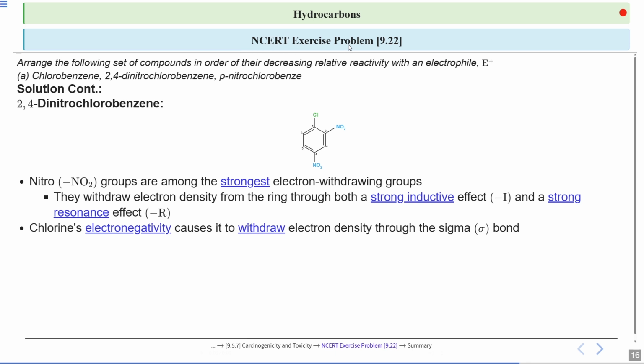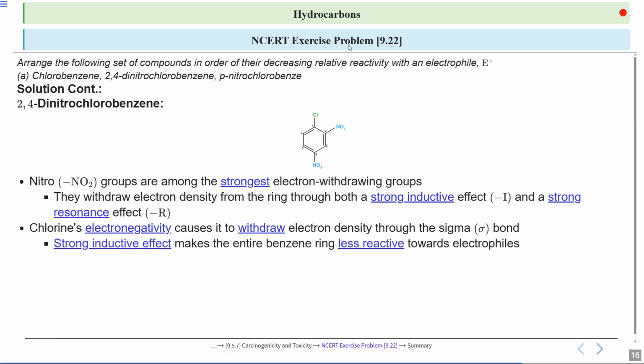Now let us consider the effect of chlorine. Chlorine is highly electronegative, so it pulls electron density away from the benzene ring through the sigma bond. This further decreases the electron density on the ring. As we talked about earlier, the strong inductive effect is dominant over the minus R effect, and hence it deactivates the ring, but still it is ortho-para directing.